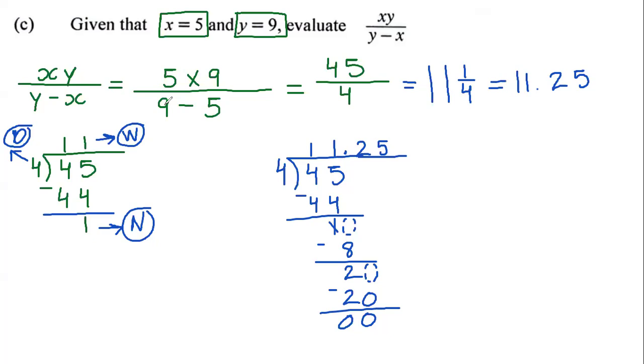So 9 minus 5 is 4. 5 times 9 is 45. So it's going to be 45 divided by 4. That gives us 11 and 1 over 4, which is 11.25. And that's how we get our answer. Any questions on that? Okay, good.